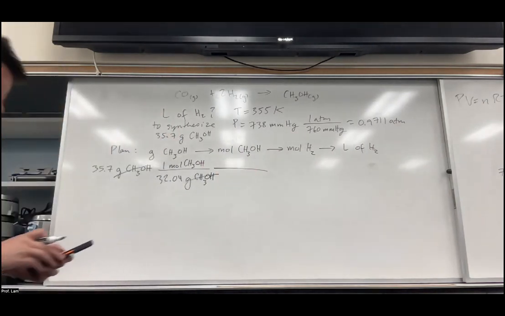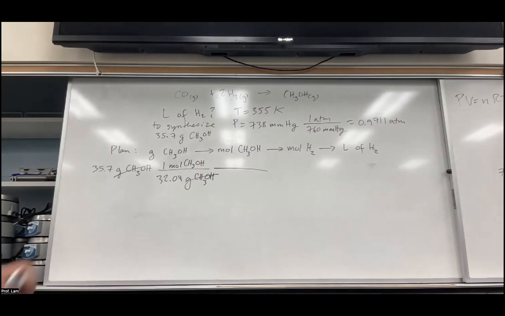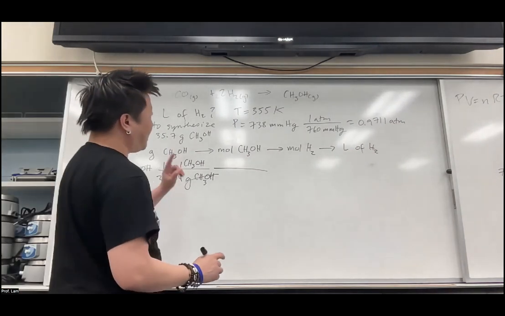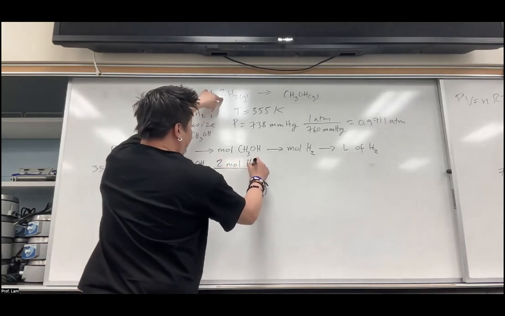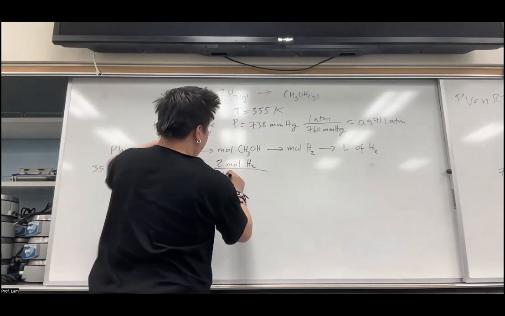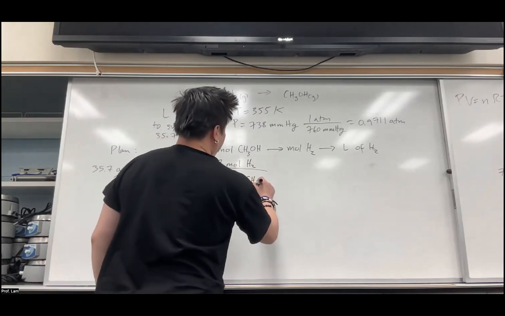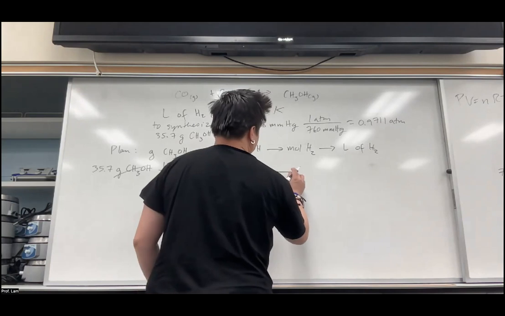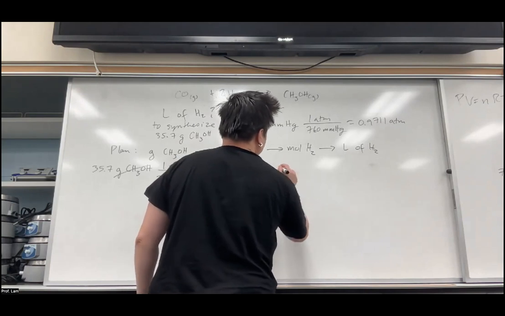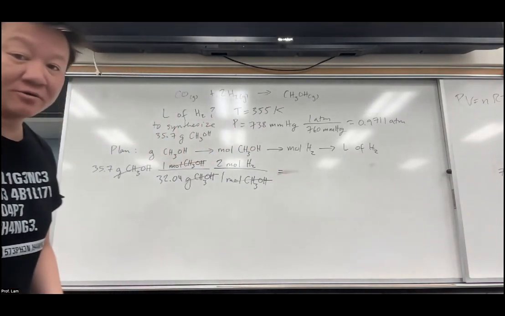And then the mole-to-mole ratio. We want H2 on top, so look at that number: 2 moles of H2 to 1 mole of CH3OH. And then let's calculate how many moles of H2 at this point.